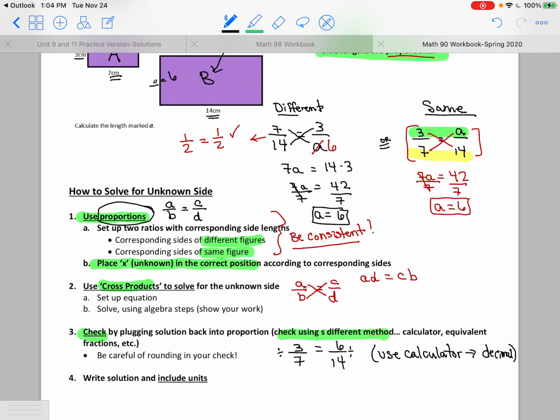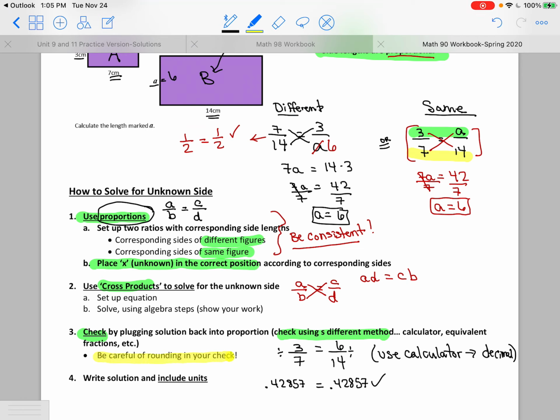So we're going to take 3 divided by 7, and I get 0.42857, 2857. Now this goes on and on, but I won't write all of that out. And then I'm just going to take 6 divided by 14, and I get exactly the same answer. Okay, so that's a check as well, and it's just in a different way than how you solved that problem.